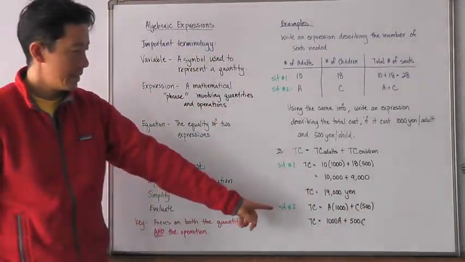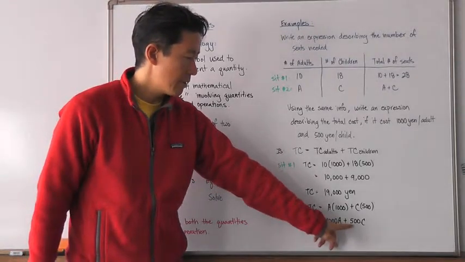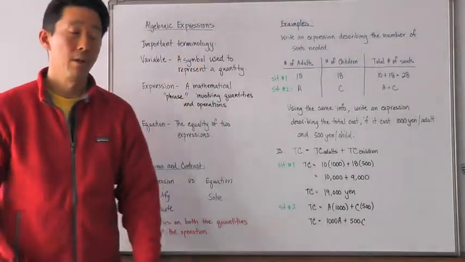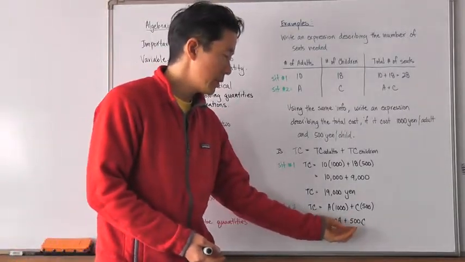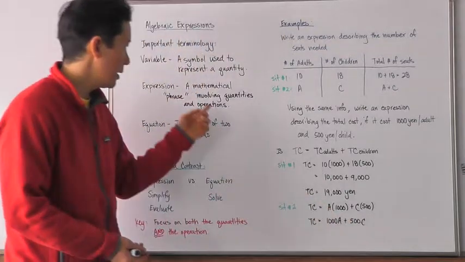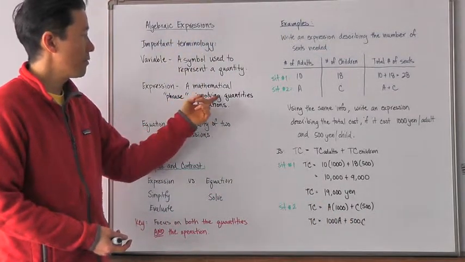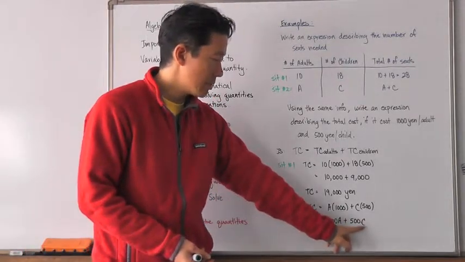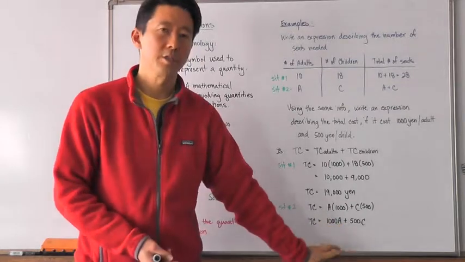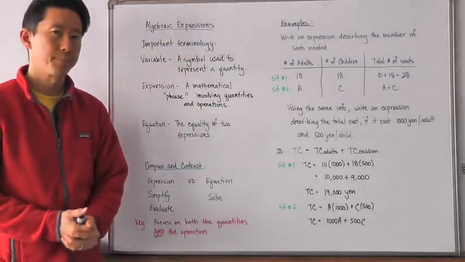And so what I can write is that the total cost is 1,000 times A plus 500 times C. So notice what I have here is a mathematical expression, a phrase involving quantities and operations. Here's a quantity, here's a quantity, and there's an operation that's joining them. So the total cost is that particular expression there.